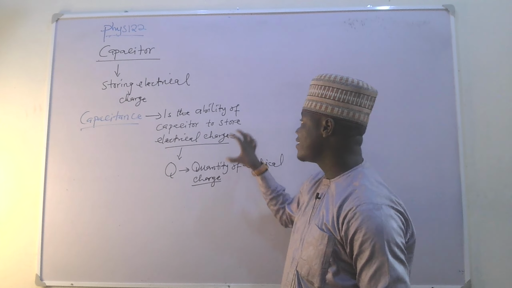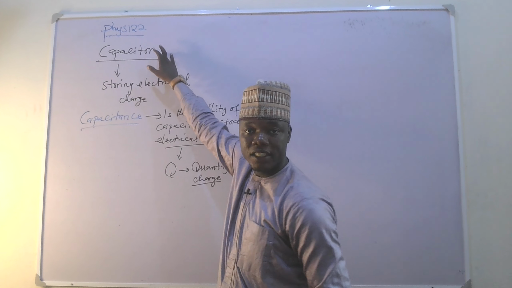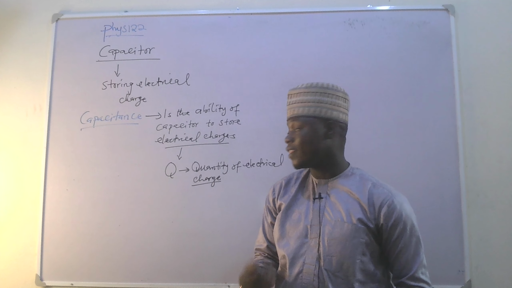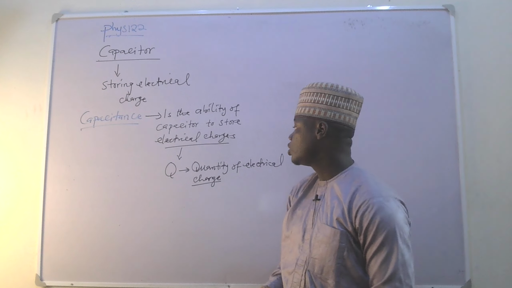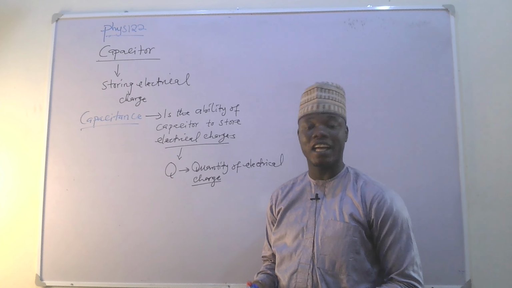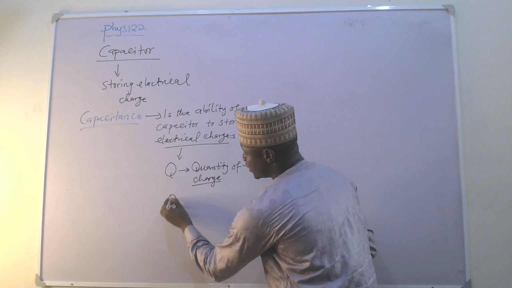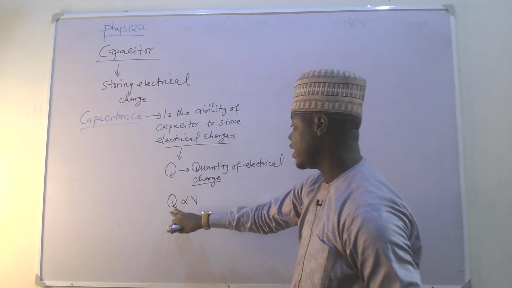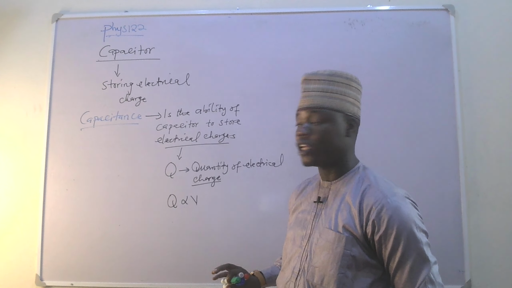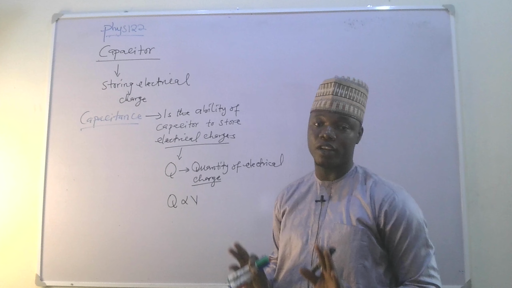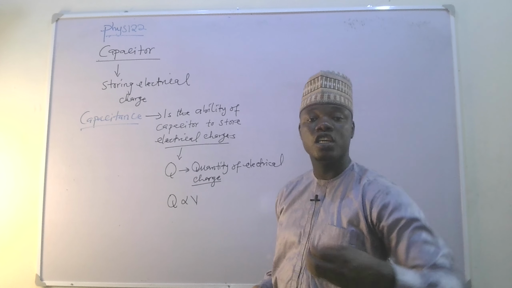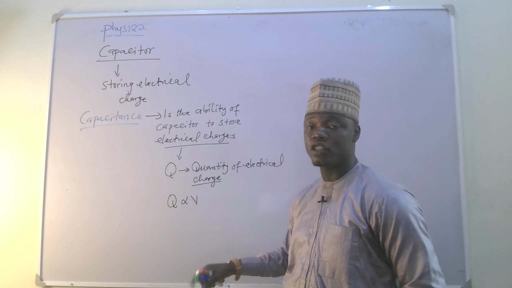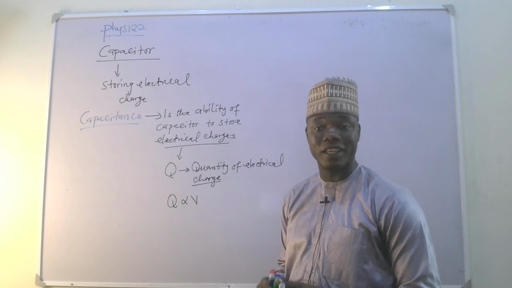So the quantity of electrical charge stored by a capacitor is directly proportional to the voltage applied to the circuit, indicating that if the voltage increases, the quantity of electrical charge will also increase.